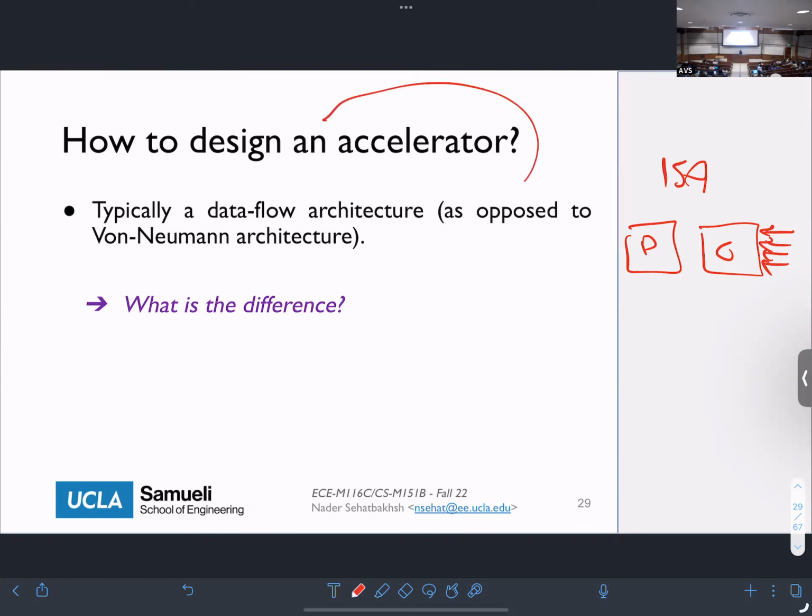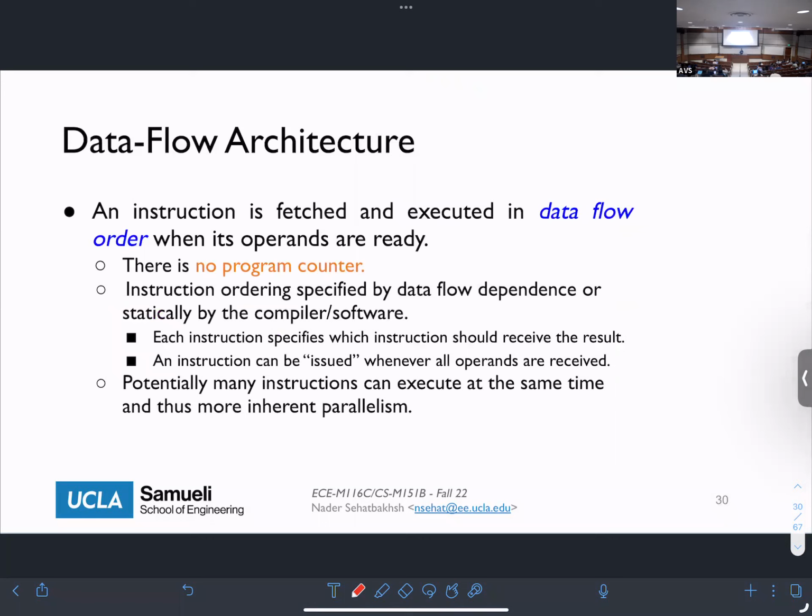For accelerators, we typically go with the other approach, which we call a data flow approach. In a data flow approach, we are not using the program counter. We're not using instructions. We just follow the data flow of a program. For example, if you need to add two things and then multiply them, you just create an adder and a multiplier and wire them together so that at the end the result is what you need. Think about it as a data path that we created in our system.